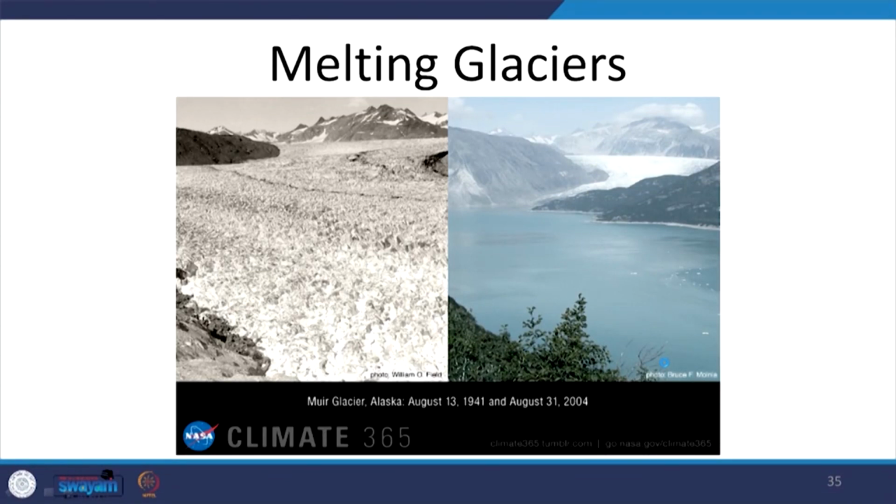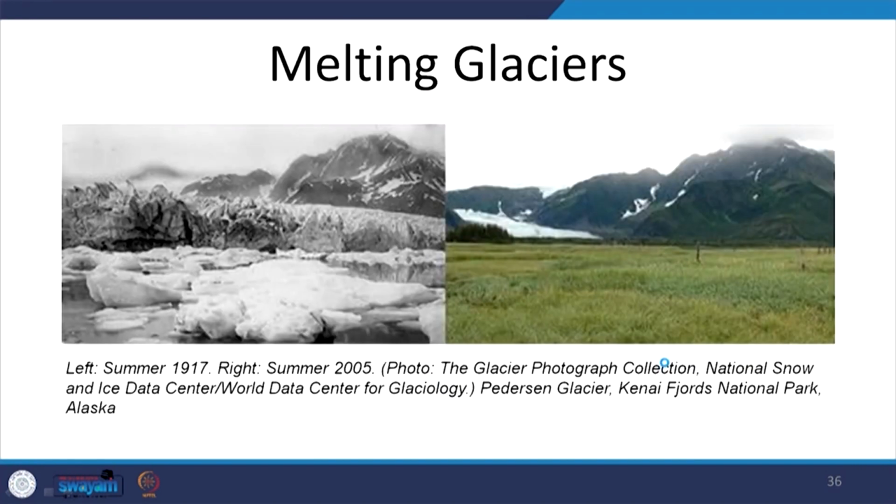The glaciers are melting, as the climate change report has also pointed out. Kilometers and kilometers of glaciers have become water bodies, or they have become flat lands. And it is not just one, but almost all the glaciers.